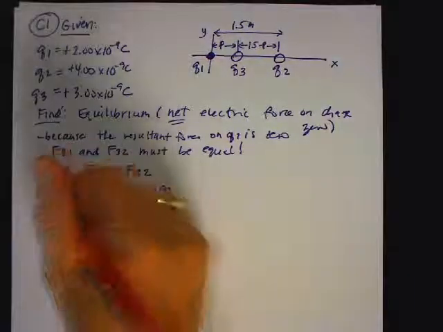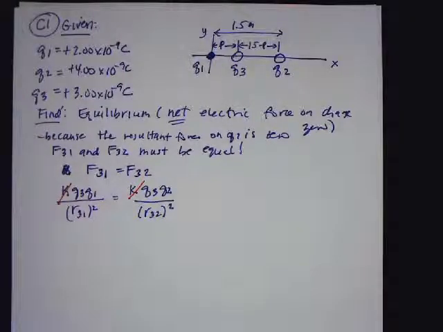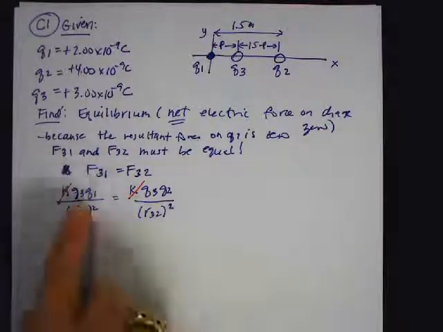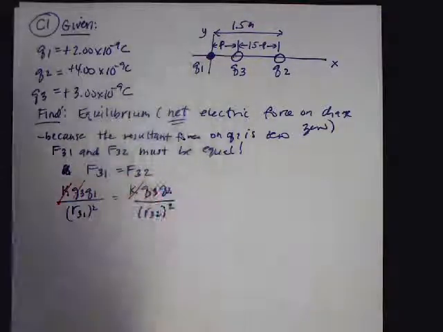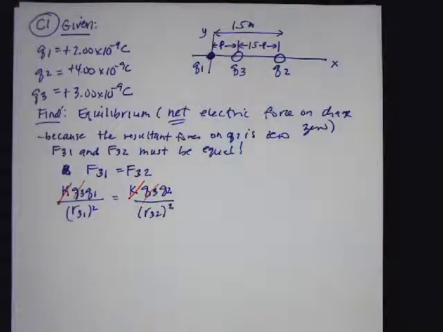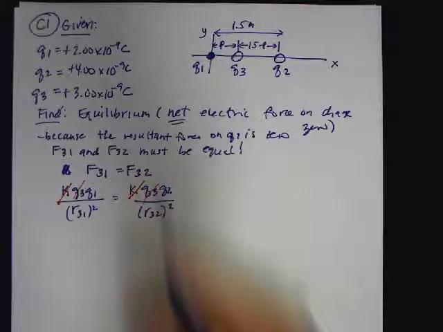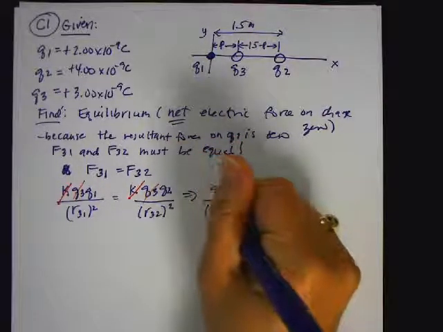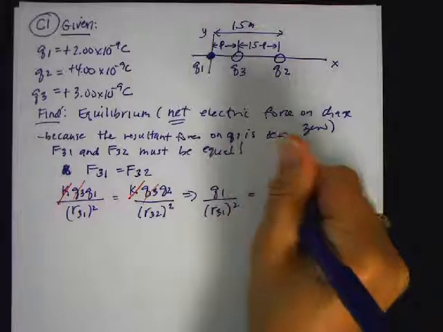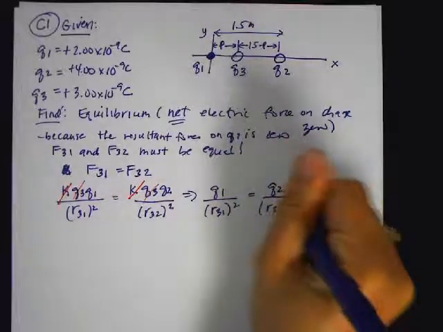I see that K is on both sides, so I can cancel that. I also see in the numerator they both have Q3, so I can cancel that. I could leave those in because I have those values, but this will make my math a lot easier. So now when I rearrange, I have Q1 over R31 squared is equal to Q2 over R32 squared.